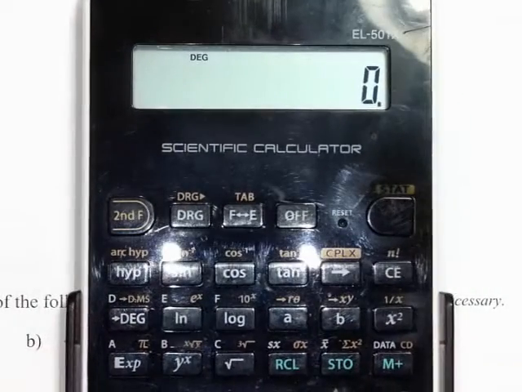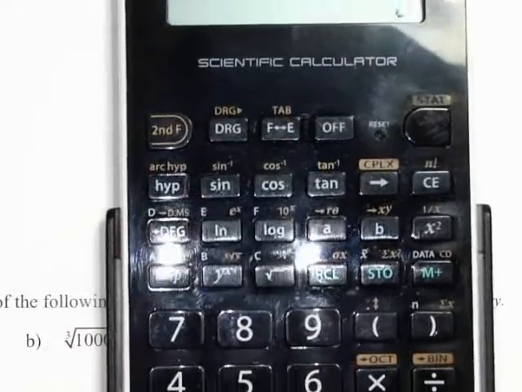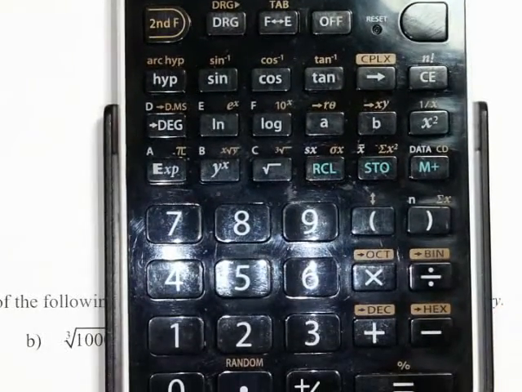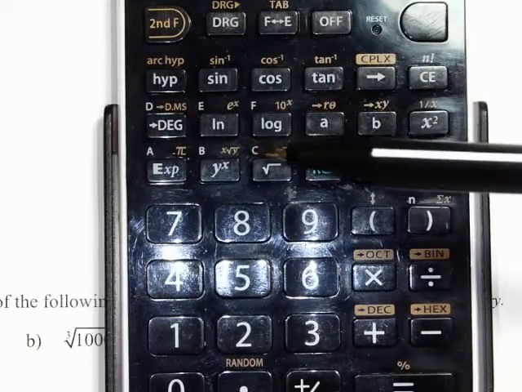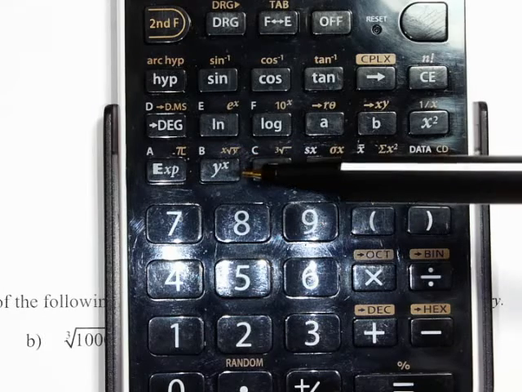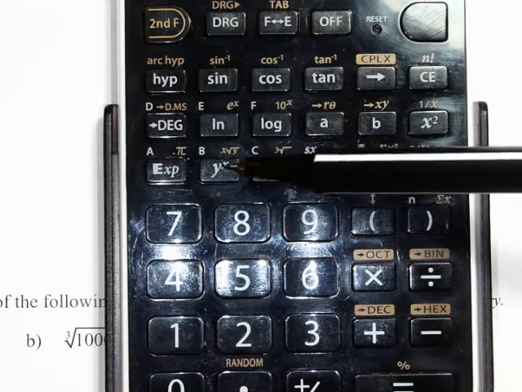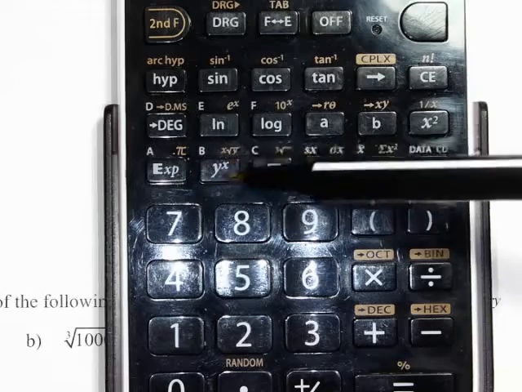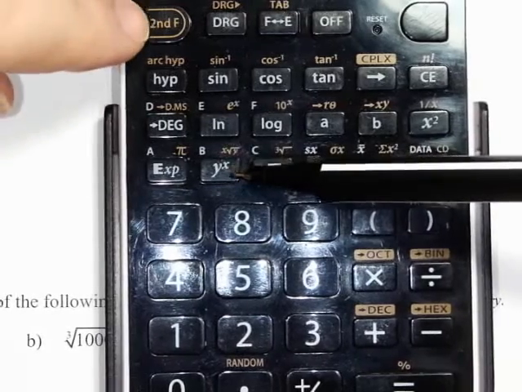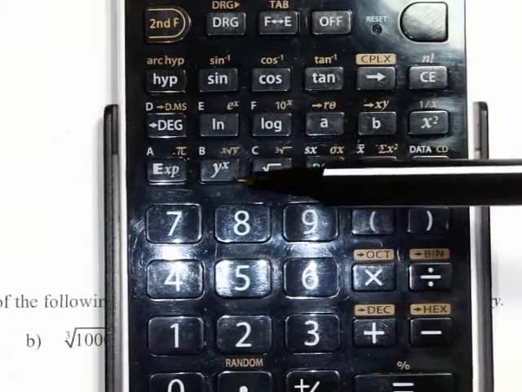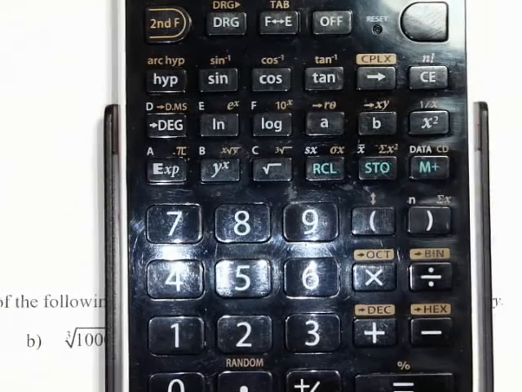On this one, it doesn't really matter what type of calculator you have. Your root should be the second function of the button that you use for exponents. For exponents, I do y to the power of x, so to do roots, I would do second function and then my y to the power of x button.